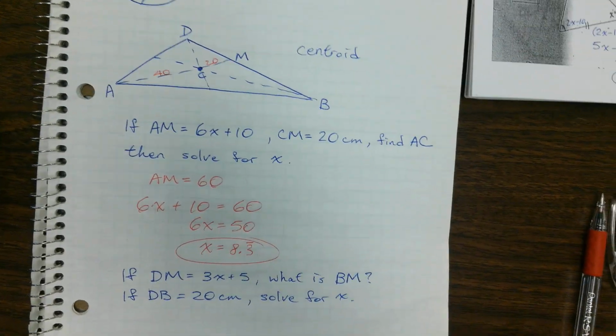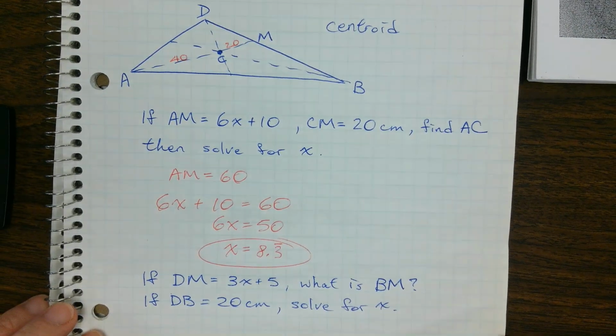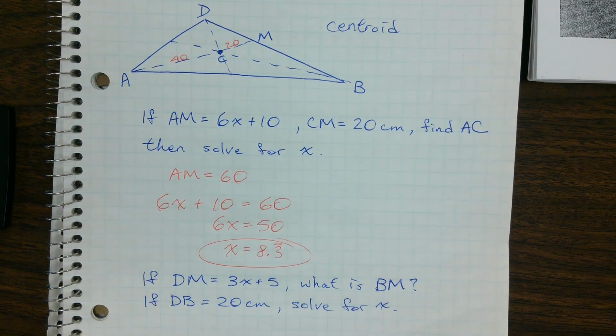Here, I'll zoom it out. So if the whole thing is 20, solve for x. Try it. Sophia, try this one. What did you get? You get a decimal. That's right.